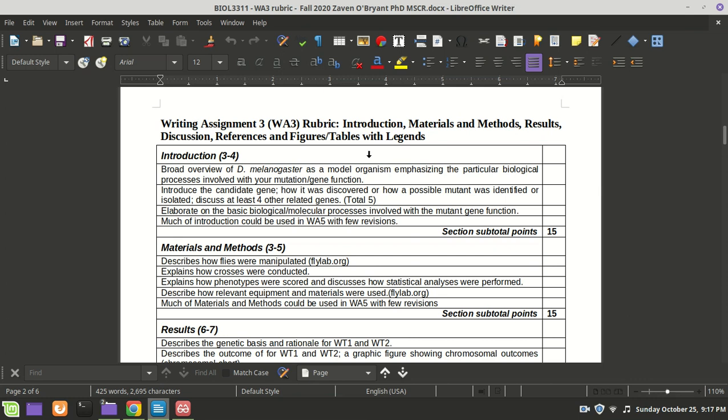So here's our introduction. You need to include a broad overview of Drosophila melanogaster as a model organism. So you have to go find out what makes it a good model organism, emphasizing the particular biological processes involved with your mutation or gene function.